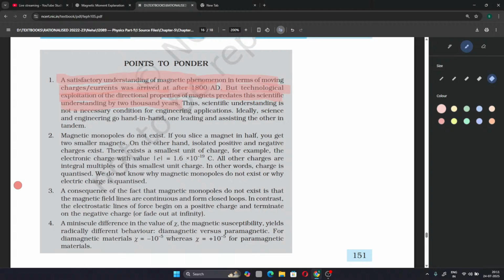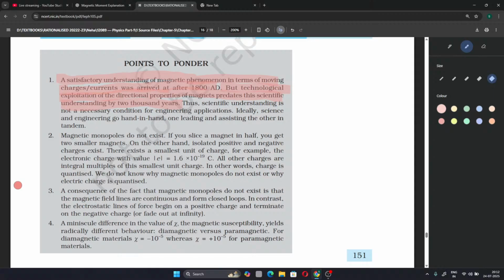That is, around 1820 Oersted first discovered that a moving charge produces a magnetic field, but technological exploitation of the directional properties of magnets predates this scientific understanding by 2000 years.